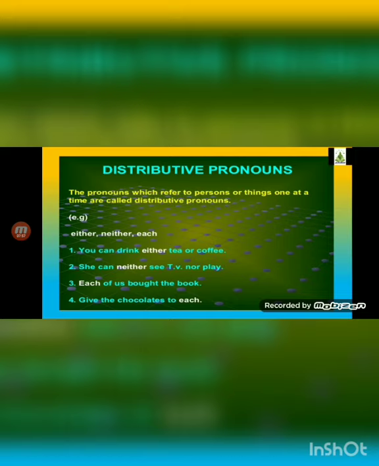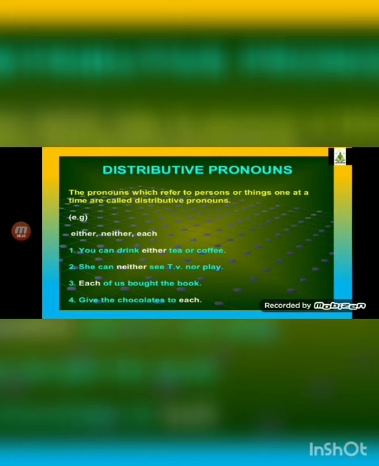Now, next example. She can neither see TV nor play. So, she cannot see TV nor play. Neither means cannot. Here also we are using the differentiation between two things, TV and play.